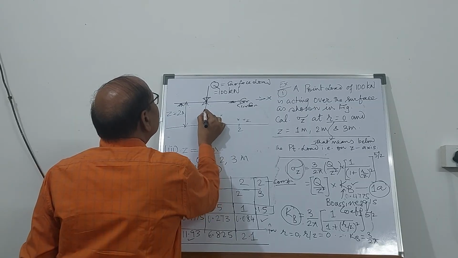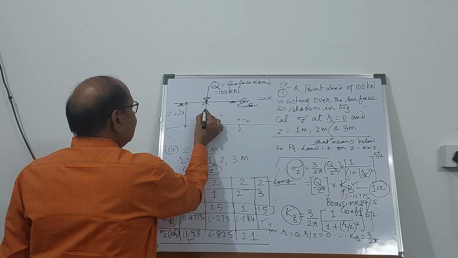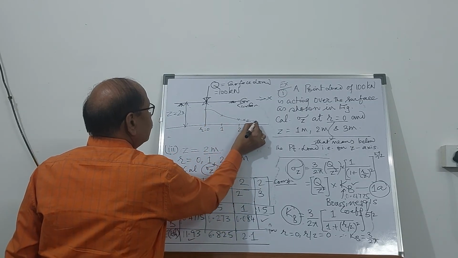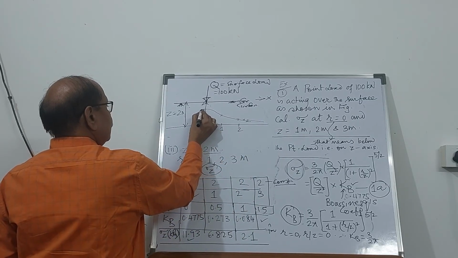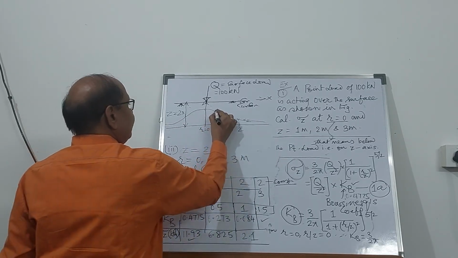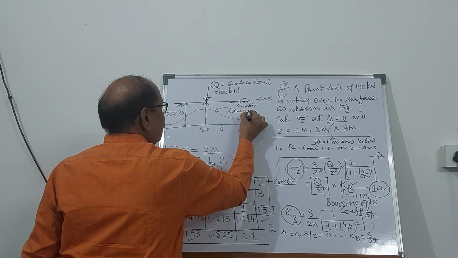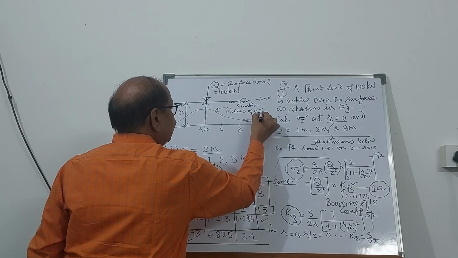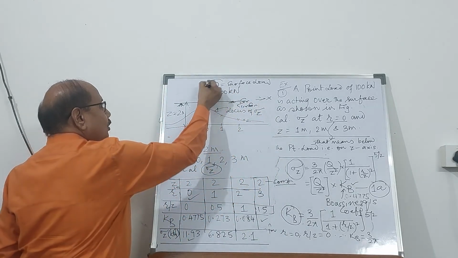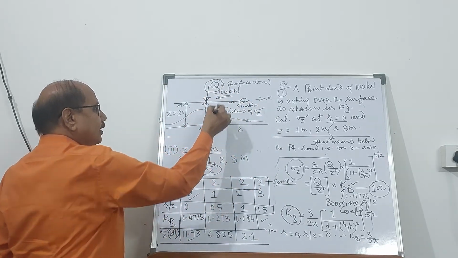It is 11.93. This is the variation or locus of sigma z, vertical pressure due to the surface load of 100 kilonewton.